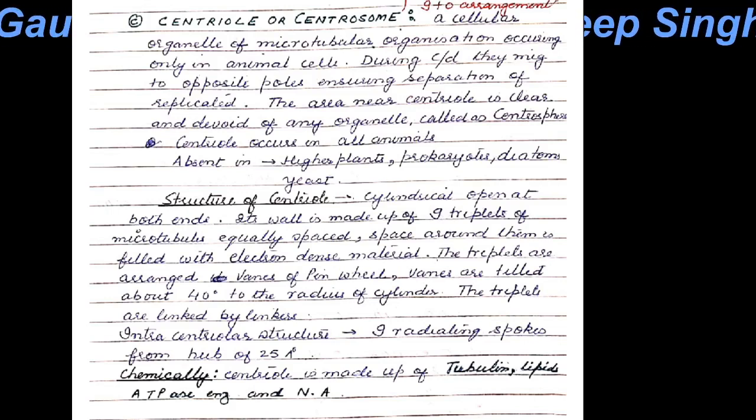As far as intracentriolar structure is concerned, it consists of 9 radiating spokes from a hub of around 25 angstrom, and chemically the centrioles are made up of tubulin, some amount of ATPase enzyme is also present, some nucleic acid and lipids.